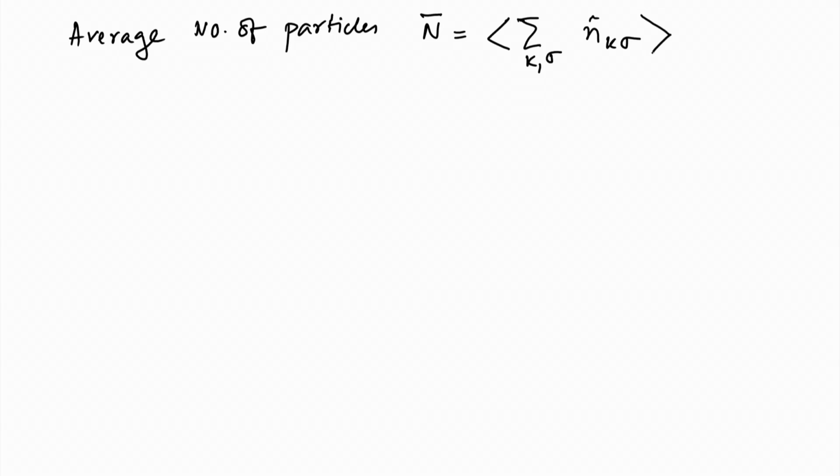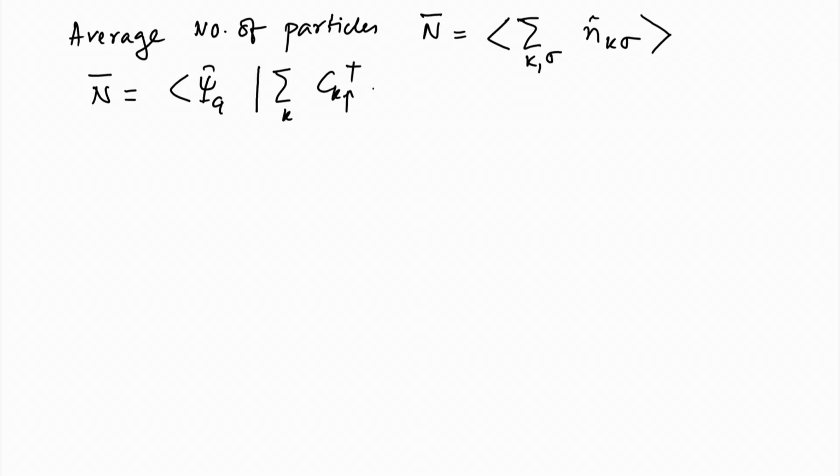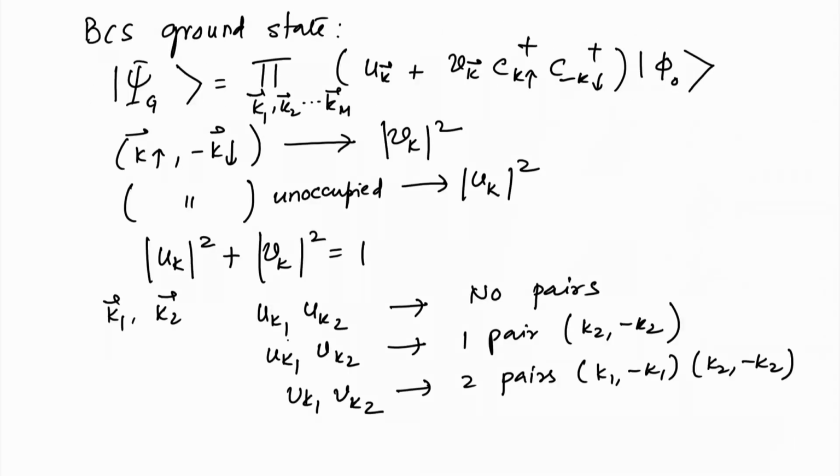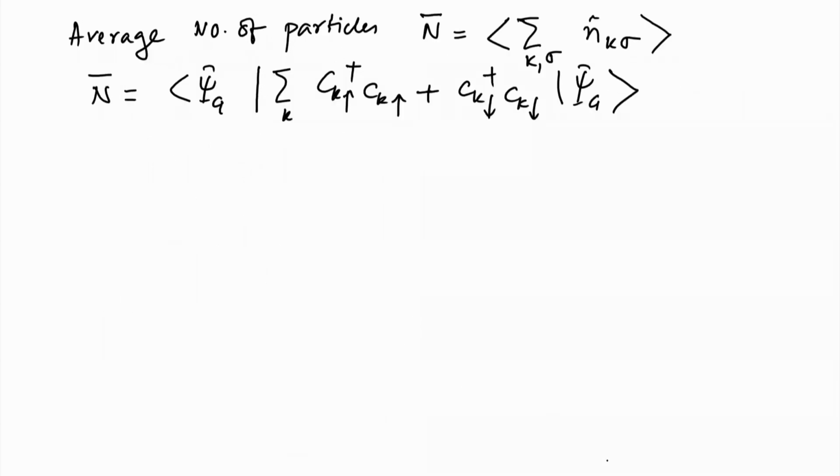We can write this as psi G, sum over k, c k up dagger c k up, that is the number operator for up spin, and now we also have to sum over spins, so c k down dagger c k down, and this expectation has to be taken between the ground state that we have written here. So, that is the postulate of the BCS ground state. We have to take this expectation, and this can be simplified because there is no preference of one spin over another.